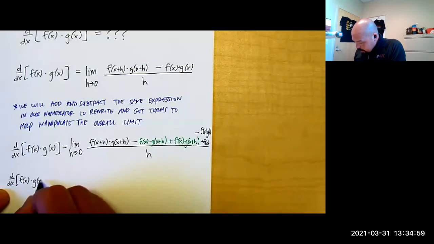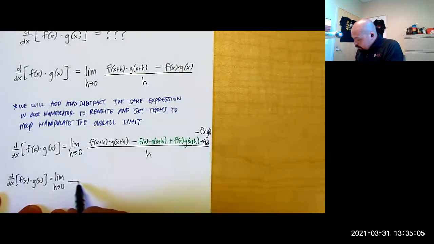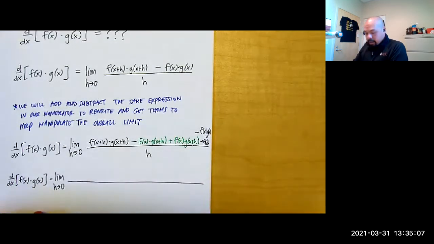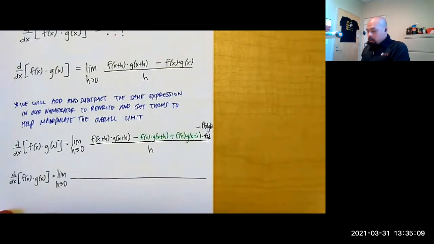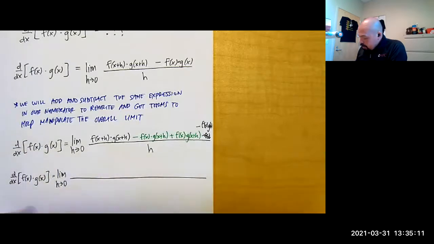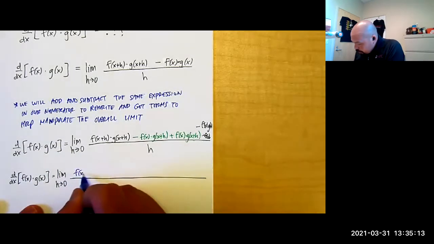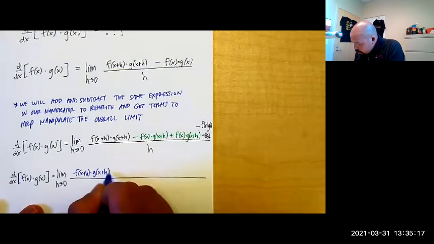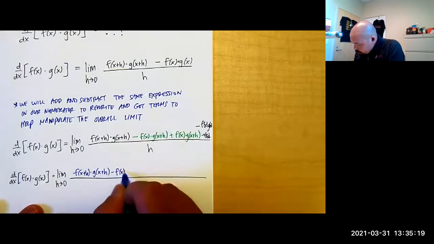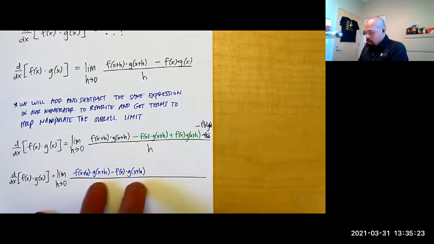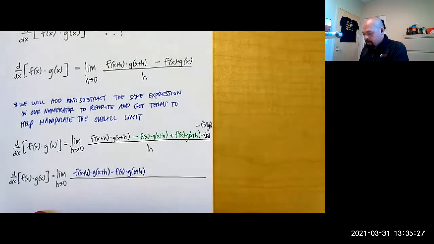Because here, what we're really trying to see for us is that with these two terms together, or this expression, okay, these both have that g of x plus h that I'm going to be able to factor out.